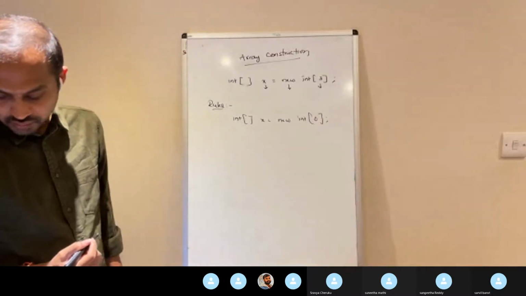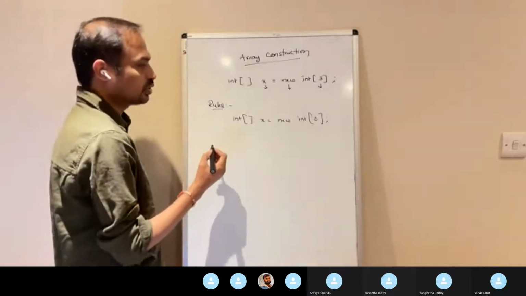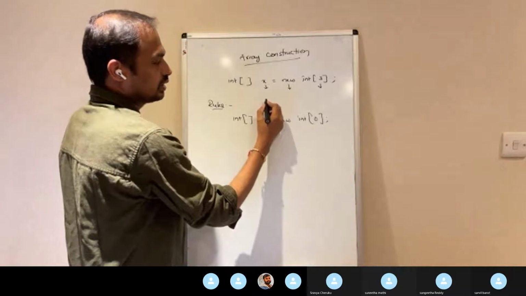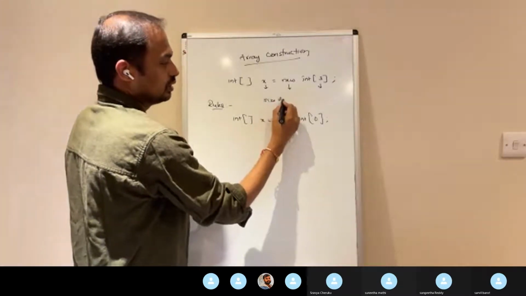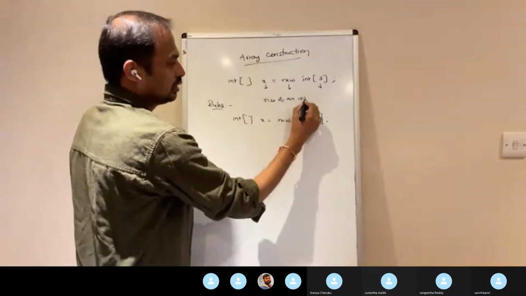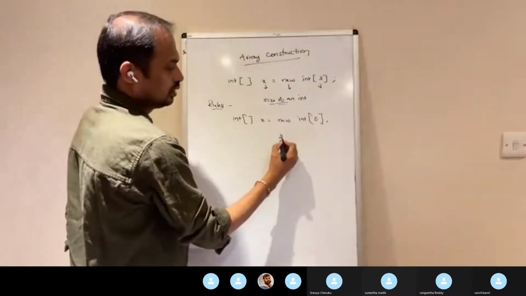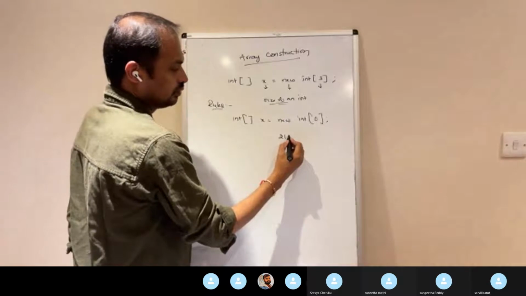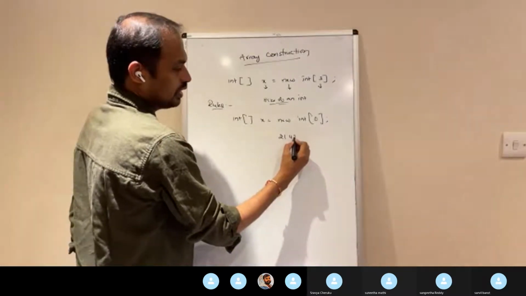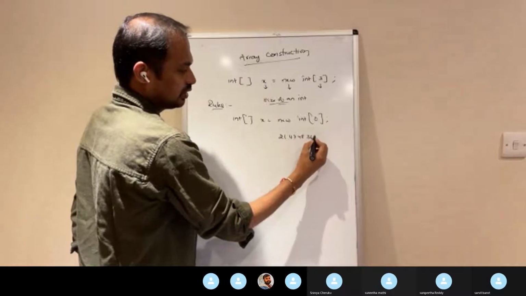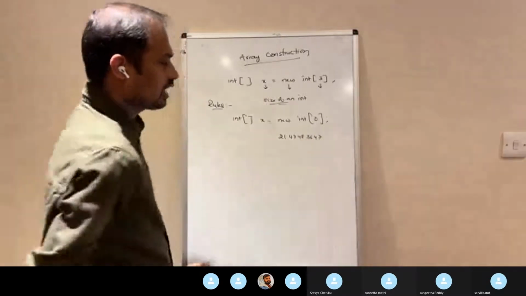Second one, if you are taking any array size, that should not cross the size of an int. What is the size of an int? Some value is there.